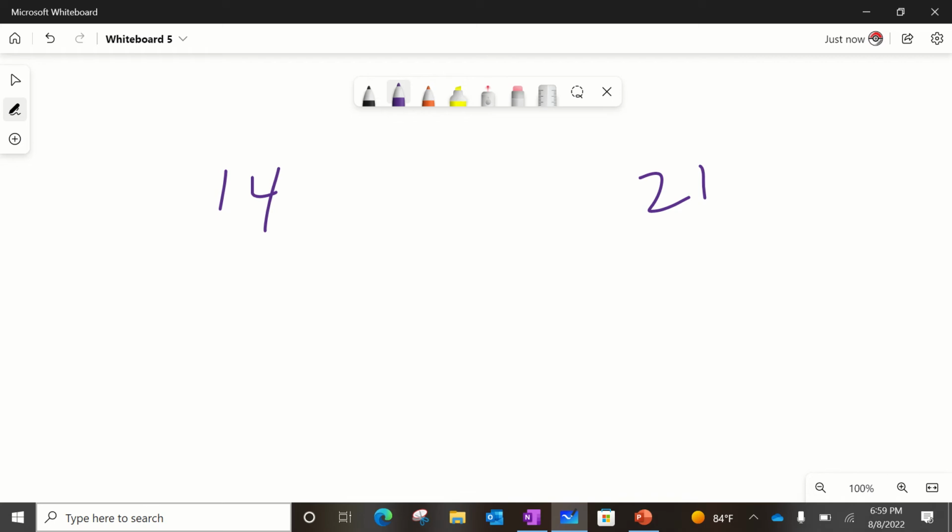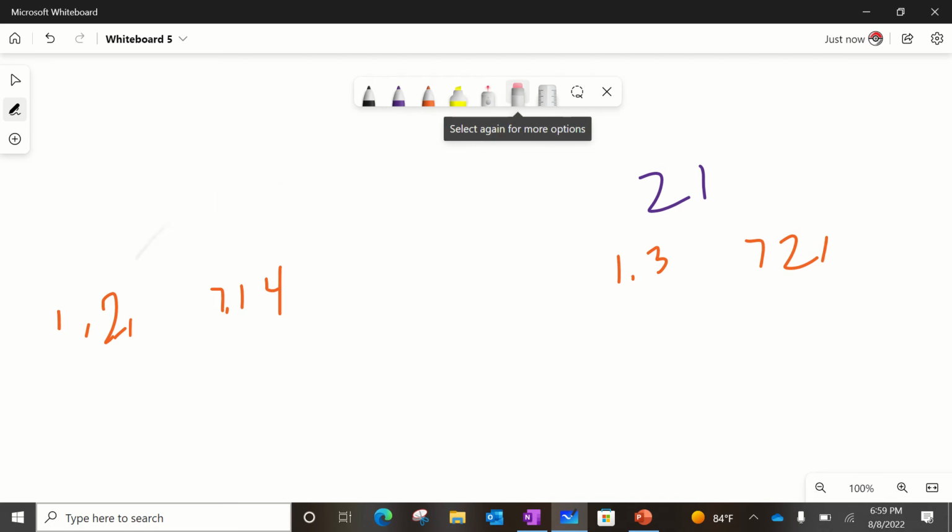Now, you can list off immediately knowing 1 and 14 would go in, and 1 and 21 would go in. Now, the rest of this would be guess and check, unless you know your multiples, like for example, 2 times 7 would equal 14, and then 3 times 7 would equal 21, and so on. There is an easier way to try to find the factors.